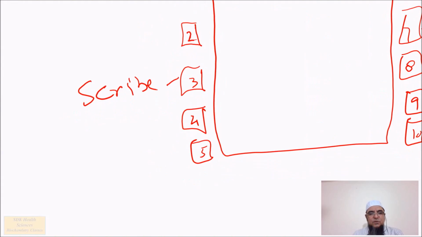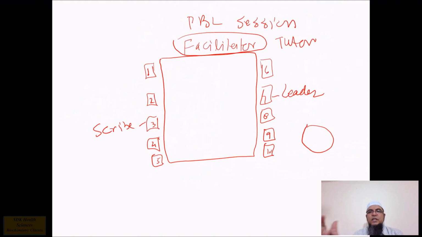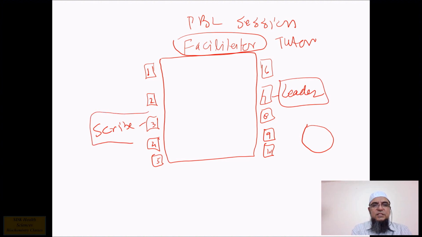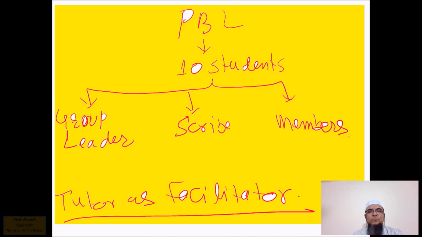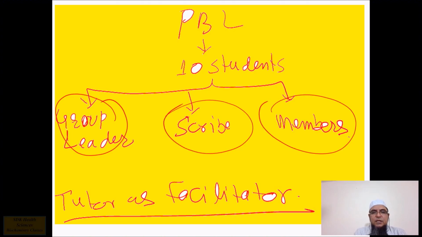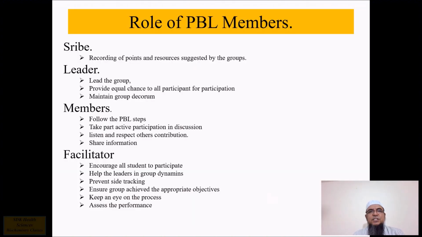So we have different types of arrangement where the students can sit. One of the students is a leader and another is a scribe, and all the rest are the members. A PBL group is comprised of 10 students. So one is the group leader, another is a scribe, others are the members, and the tutor behaves as a facilitator.